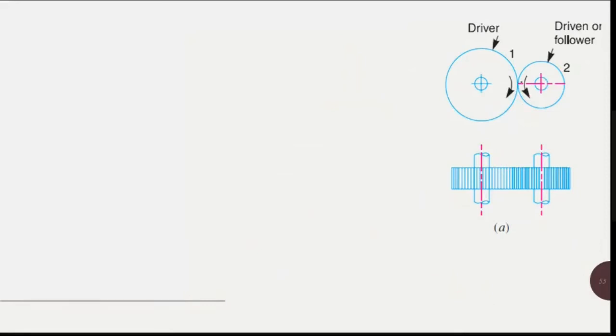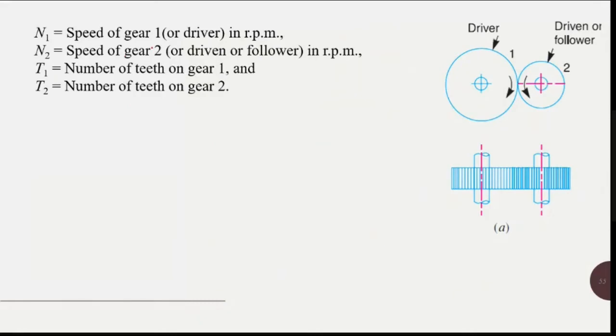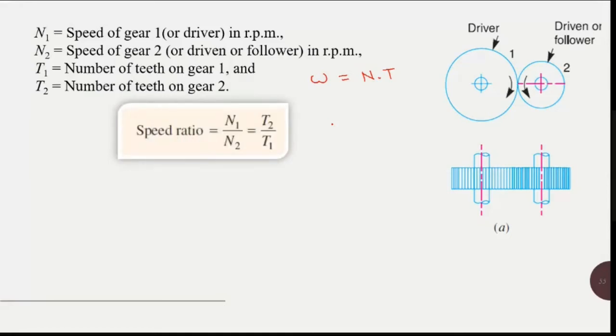You know that the velocity ratios are the same. If N1 is the speed of gear 1 and N2 is the speed of gear 2, and T1 is the number of teeth of gear 1 and T2 is the number of teeth of gear 2, then as we identified, omega is equal to N into T. So omega 1 is equal to omega 2, which means N1 T1 is equal to N2 T2.